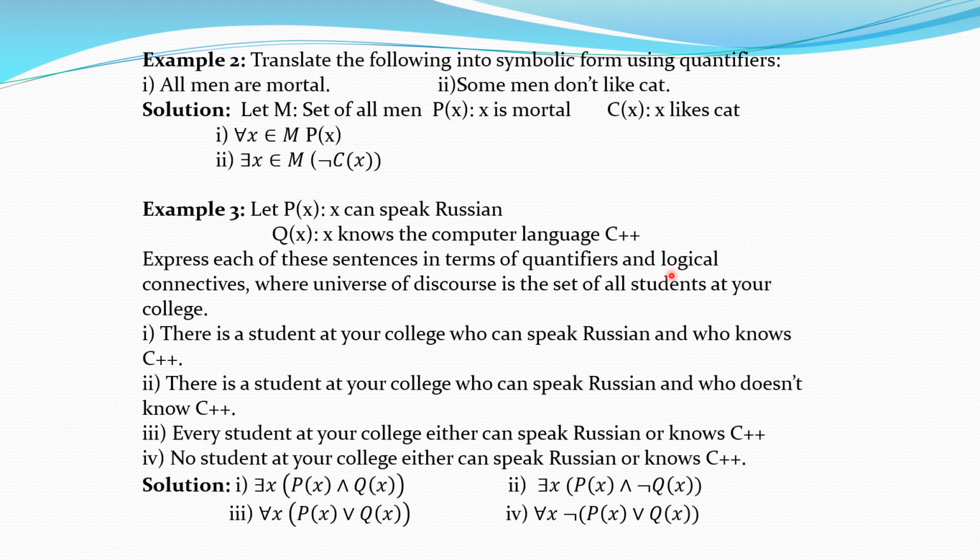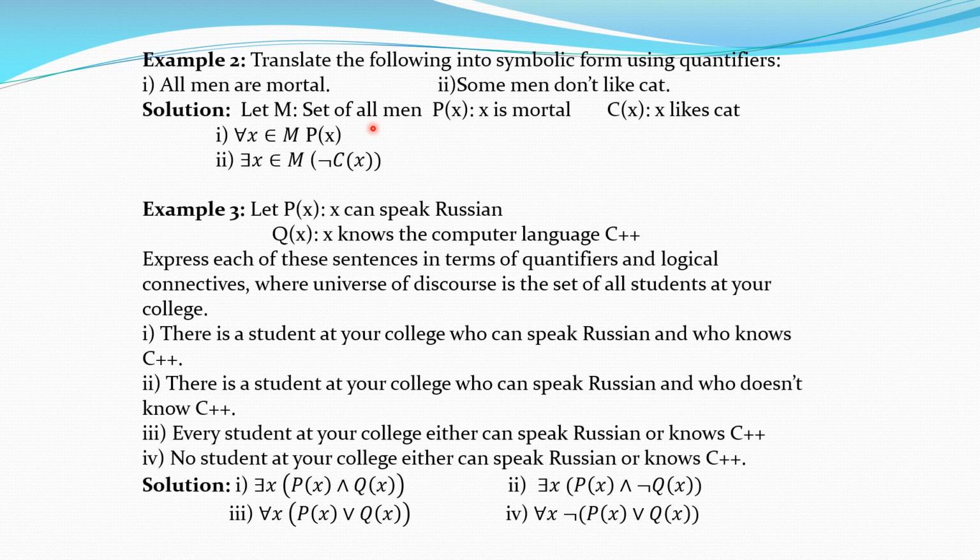Now see second example. Here again we have to convert the given statements into symbolic form using quantifiers. Now first is all men are mortal and second some men do not like cat. Now see the first statement. It is given about men. Second is also given about men.